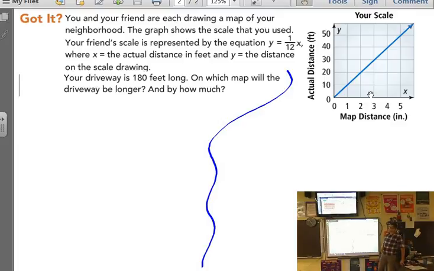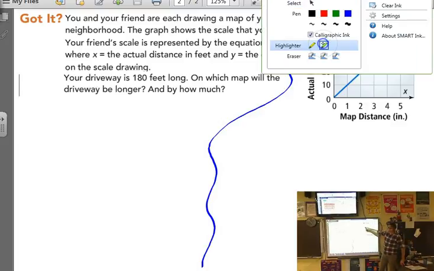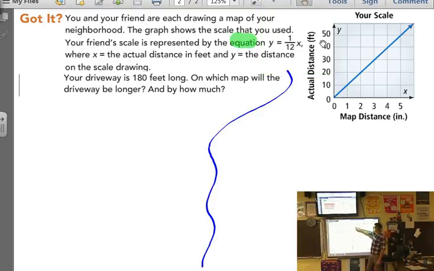So some important information. Your friend's scale is represented by the equation y equals 1/12 x. That's your friend's scale. But for your friend, x is the actual and y is the scale.